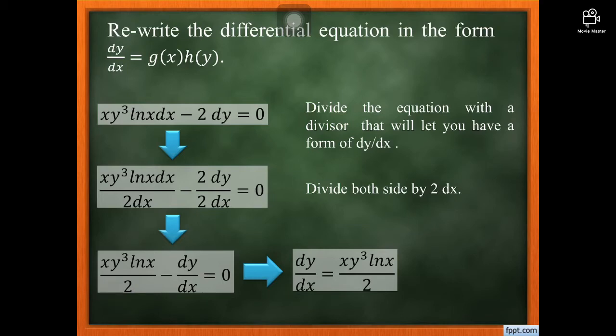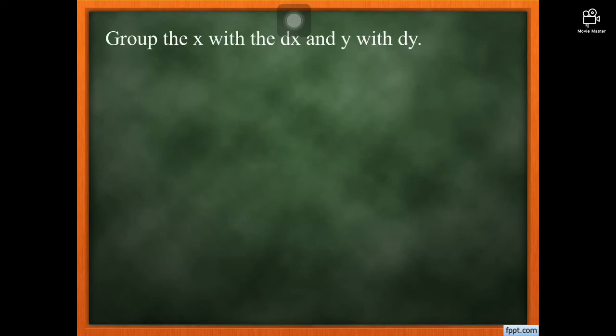Let us proceed now to the next. We have already shown that this equation can be solved by variable separable. So we can now move on to the next step, which is to group the x with the dx and y with the dy. We have this equation, dy over dx equal to x y raised to 3 ln x over 2.